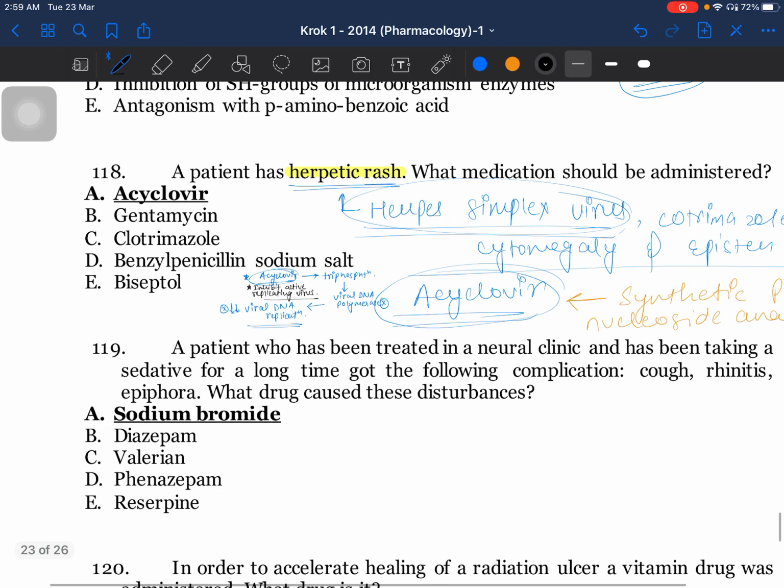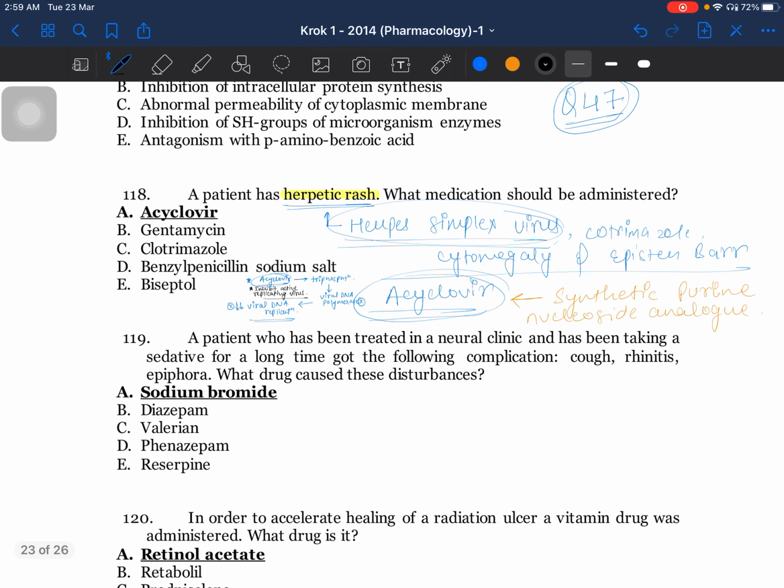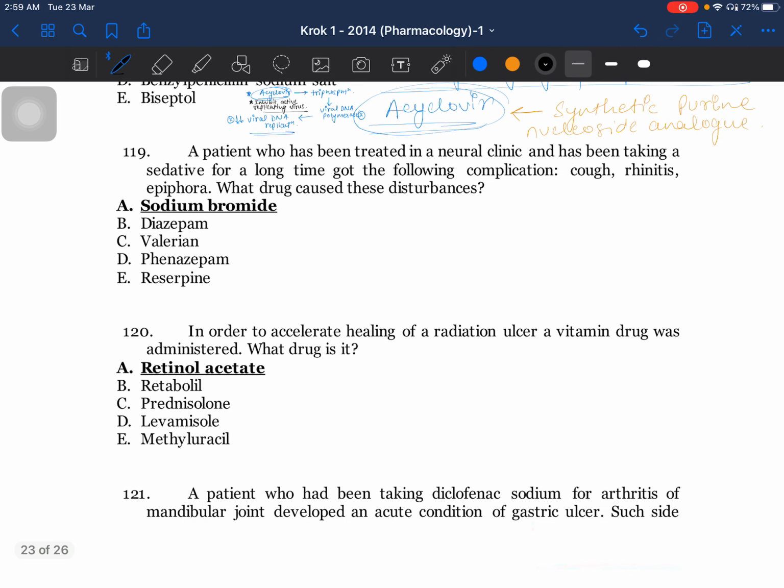Now let's move to the next question, question number 119. A patient who has been treated in a neural clinic has been taking a sedative for a long time, and he got the following complications such as cough, rhinitis, and epiphora. Now basically we have sedatives over here.